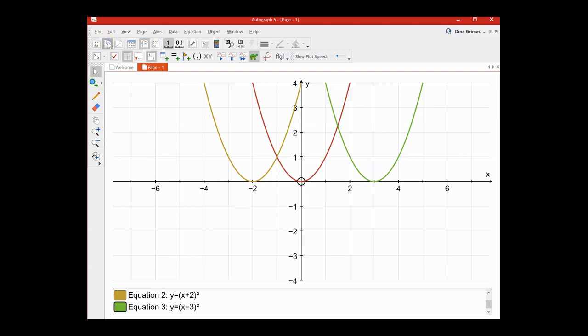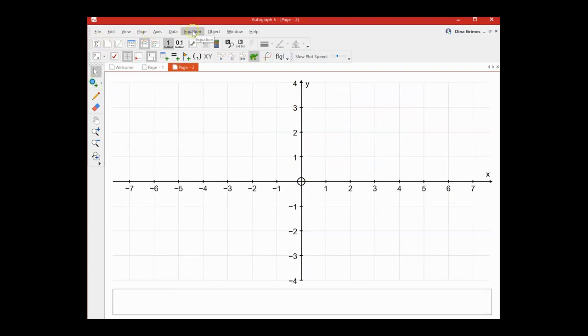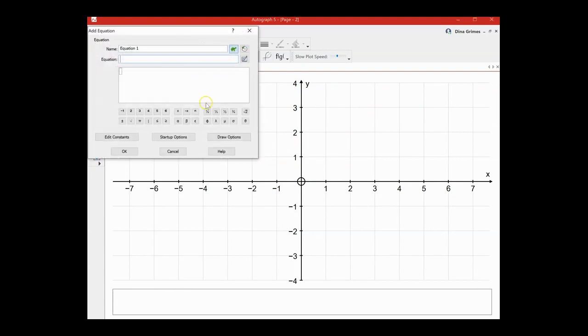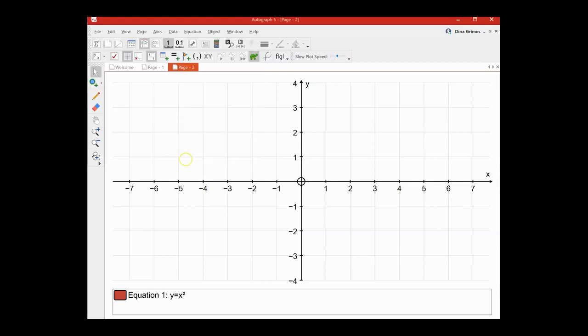Now let's see what happens if we put a variable inside, and we're going to use the constant controller to see the movements. So then we put the default graph, which is y is equal to x squared, and just put in this.